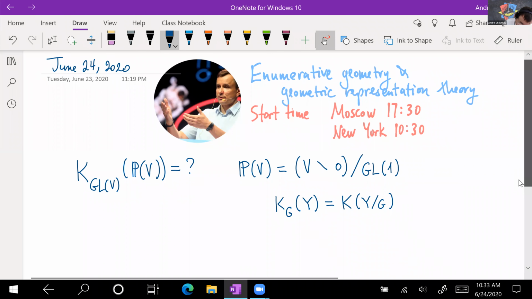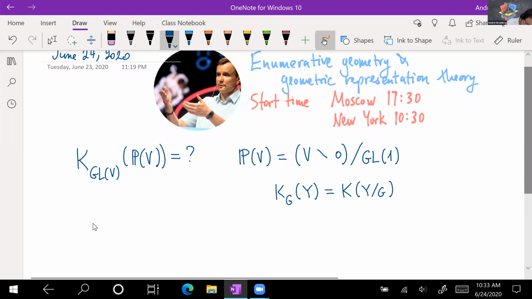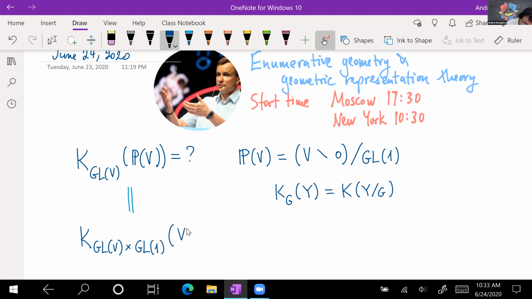So in this situation this object is the same as the GL(V) cross GL1 equivariant K-theory of V minus the origin, where GL1 acts by scalars, so it's really the center of this group.